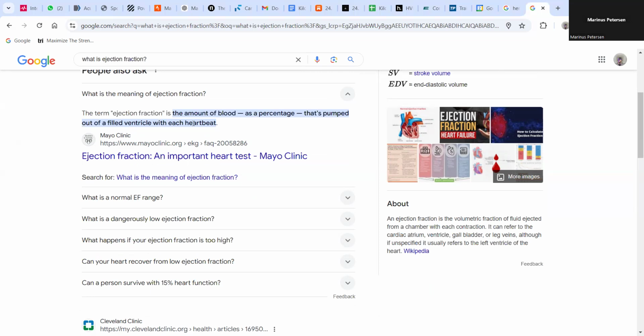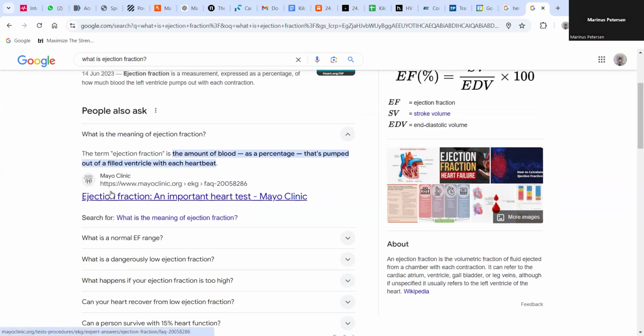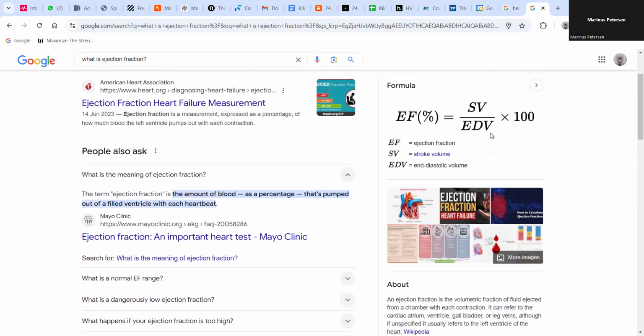Conveniently, EF is also ejection fraction, which is the amount of blood that your heart pumps out of the left ventricle with each heartbeat. It's quite close to stroke volume essentially, because your end diastolic volume, how much blood is left in the heart after the heart has beaten, is not so changeable.